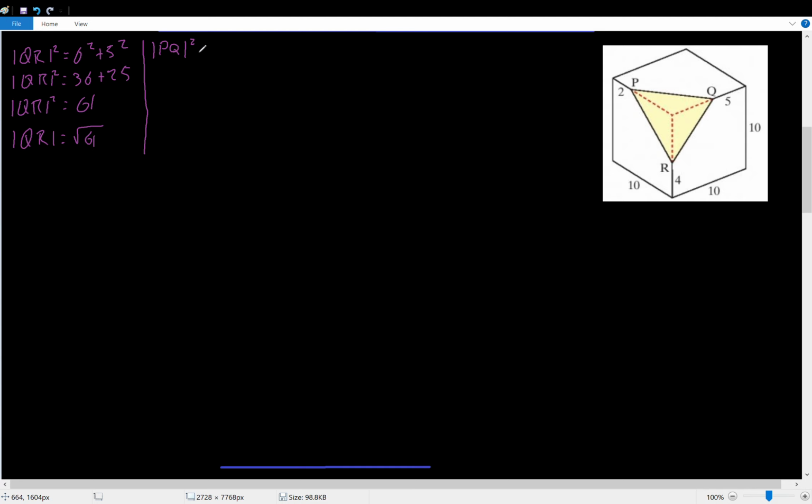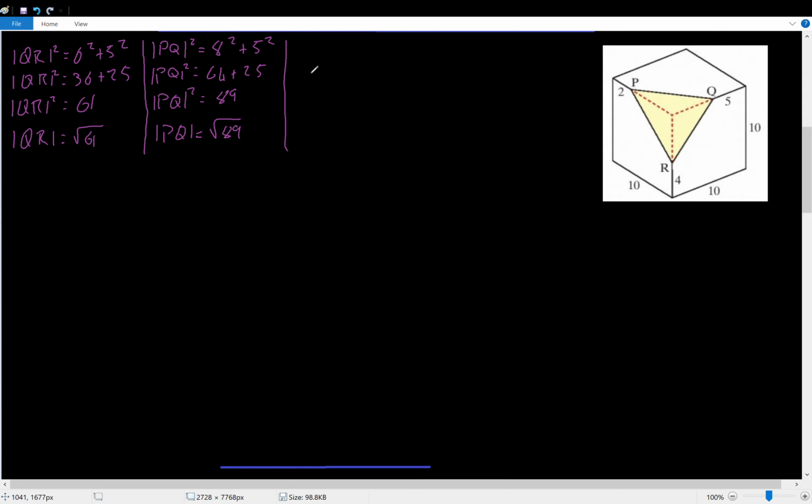So PQ squared is equal to 8 squared plus 5 squared. So PQ squared is equal to 64 plus 25. PQ squared equals 89. And again, we're going to need this in surd form. PQ is equal to root 89.